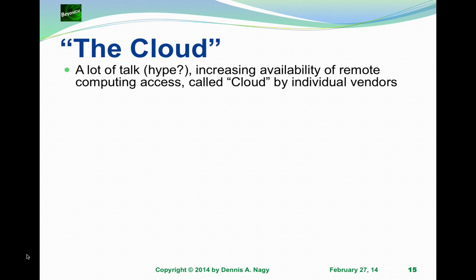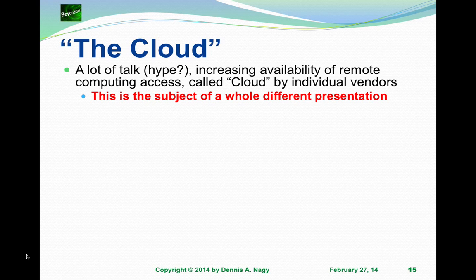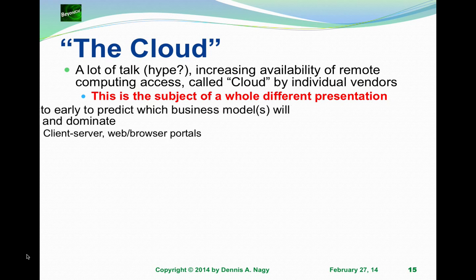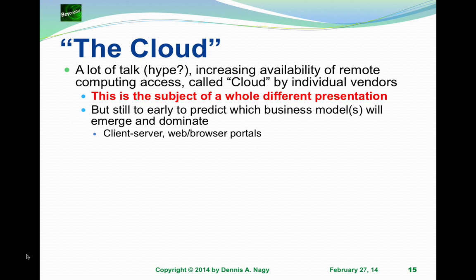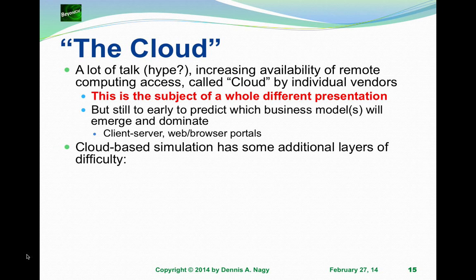It could be the subject of a whole different presentation, so I won't get into a lot of detail here. I'm actually hopefully planning to do a presentation just on the cloud related to simulation at an event here later this year. It's still way too early to predict which business models will emerge, but something's going to happen there because it's too compelling to not exploit it.